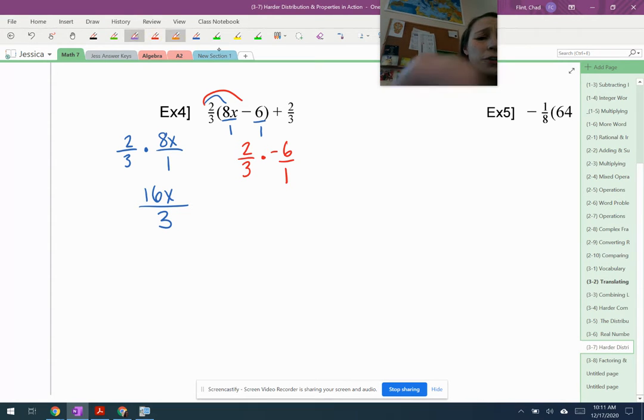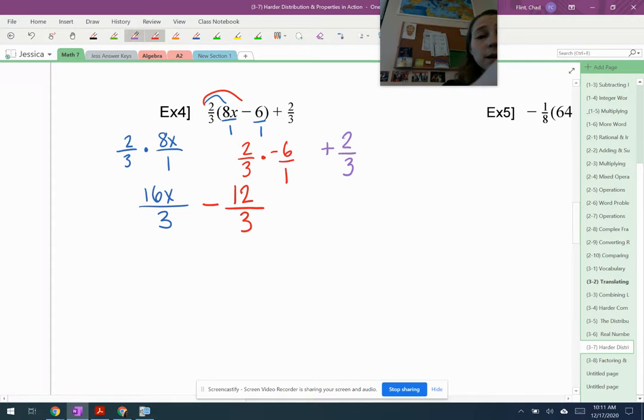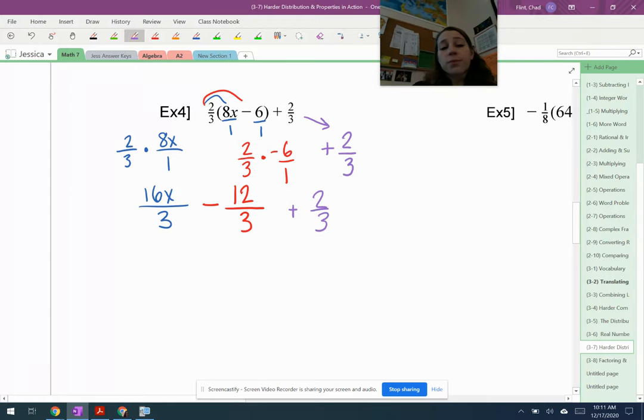And again, don't forget you do have that last little plus 2/3 that we're going to need to continually carry down until we get to that point. So 2 times negative 6 is a negative 12, and 3 times 1 is 3, and then I'm just going to carry down that plus 2/3.